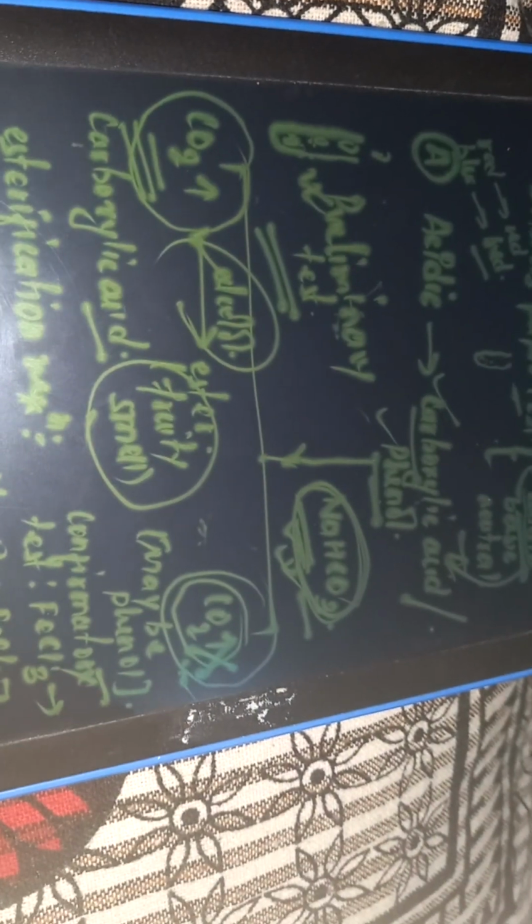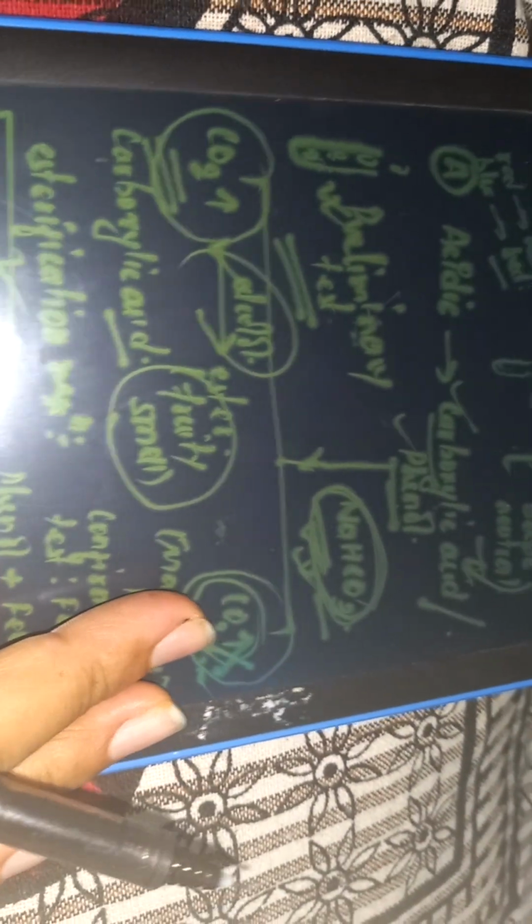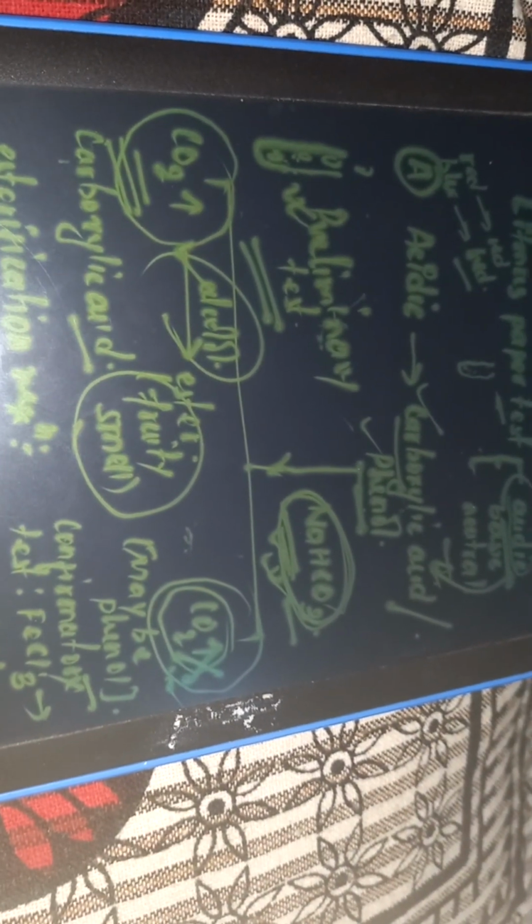Now the carboxylic acid or phenol is treated with sodium bicarbonate. With this treatment, either CO2 will be evolved or CO2 will not be evolved. If CO2 is evolved, then you have to be sure in your brain that it is a carboxylic acid. Now you have to remember the chapter of carboxylic acid and its chemical reactions.